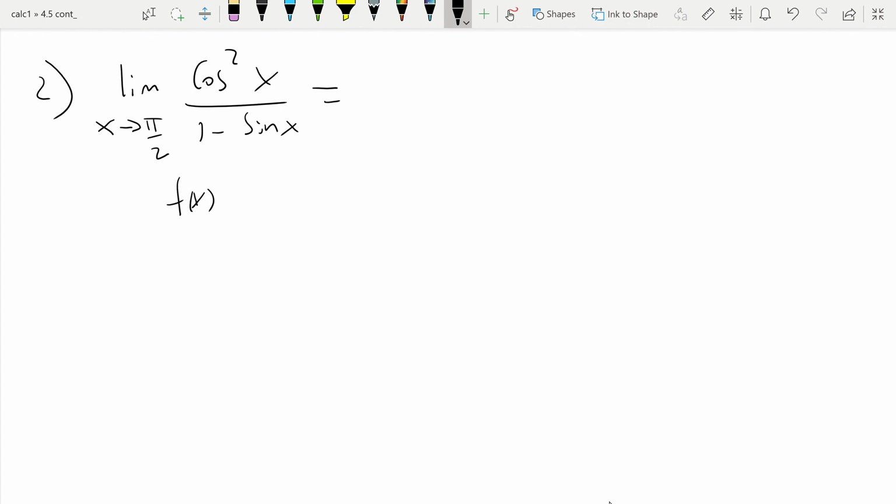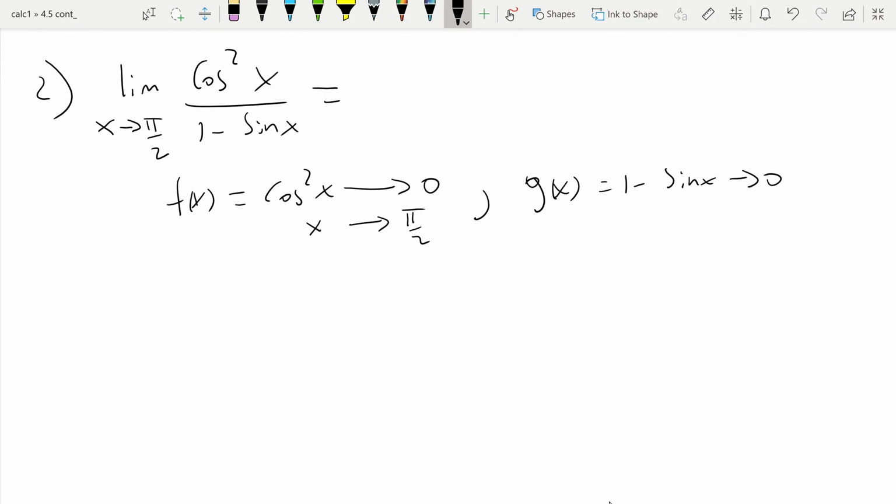So f of x here is cosine squared of x, which approaches 0 when x approaches pi over 2. Cosine of pi over 2 is 0. And g of x, which is 1 minus sine x, is also approaching 0 when x approaches pi over 2, because sine of pi over 2 is 1.